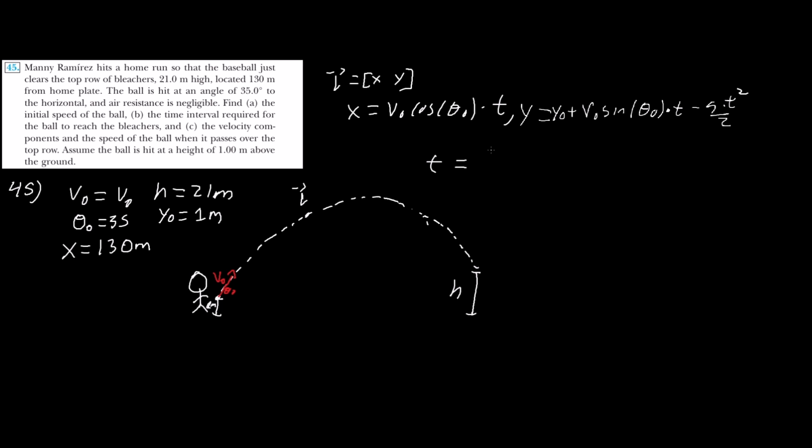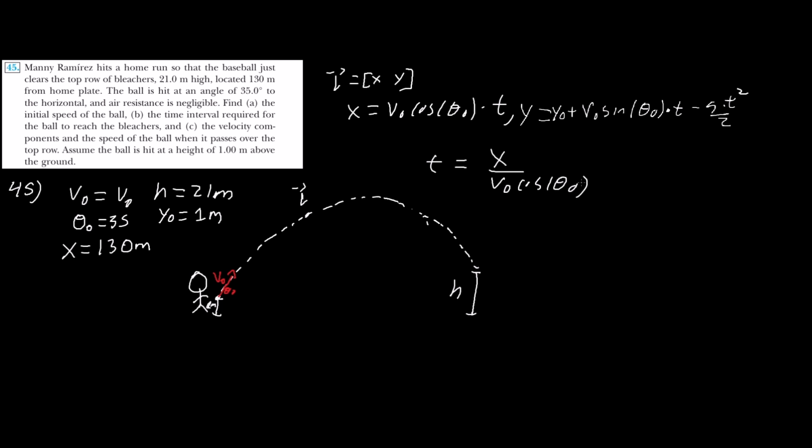So this is going to be x divided by v naught cosine of theta naught.